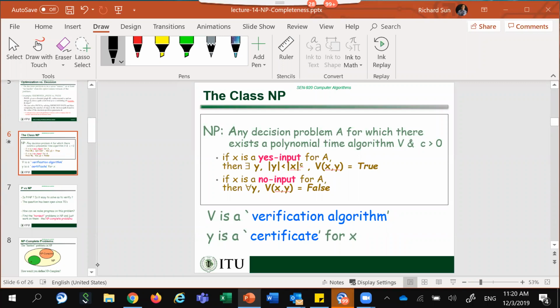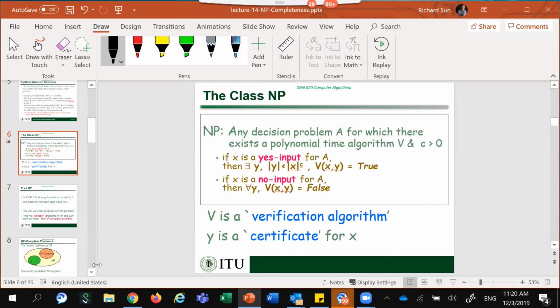NP means non-deterministic polynomial. What does non-deterministic mean? If it is deterministic polynomial, then it's polynomial time solvable. You can deterministically solve the problem in polynomial time.